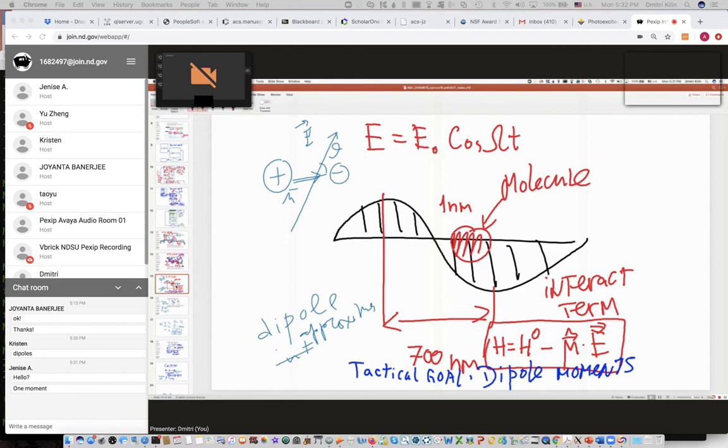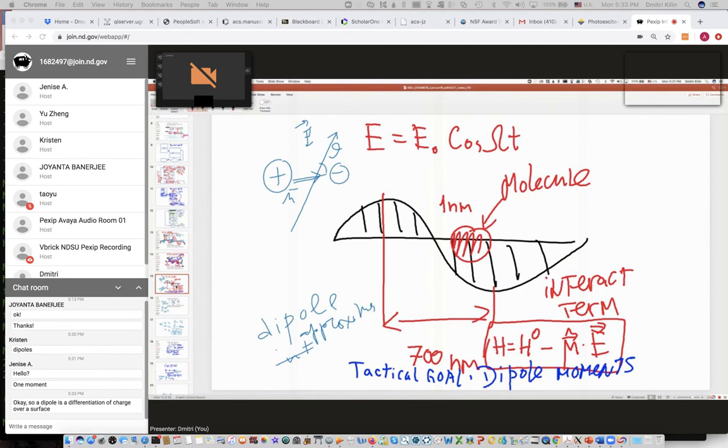If the microphone is not working, you may just type your comment. While Janice is trying to fix it, may I ask: what is a dipole and what is the interaction between an electric field and a dipole? A dipole is a differentiation of charge over a surface. No, I do not agree with it.